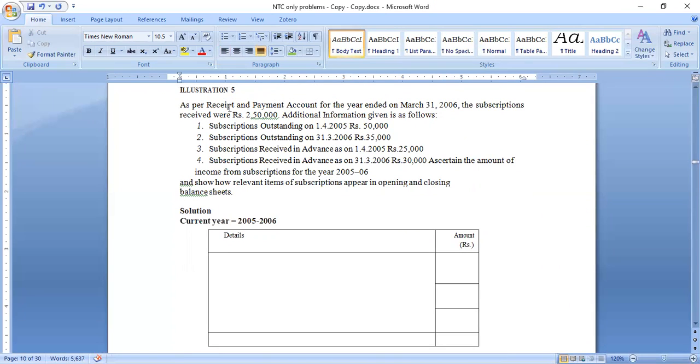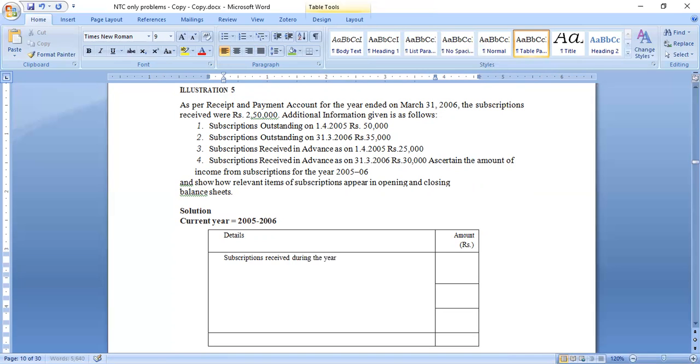It ignores previous year and future year transactions and considers only whether the cash was received or not. So subscriptions received during the year 2005-6 were 2,50,000.